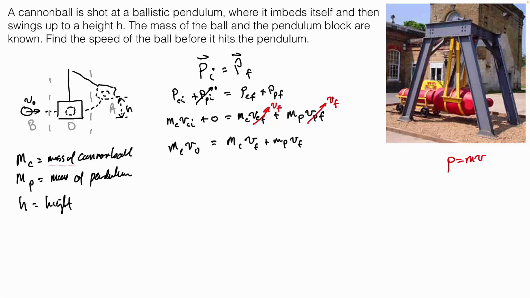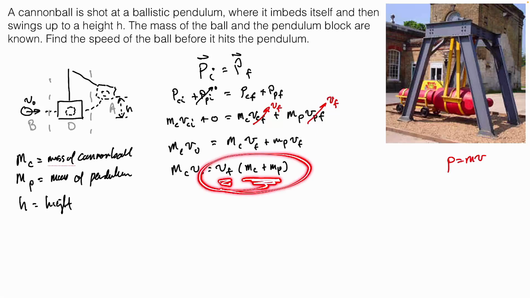Looking at it as an equation, can I factor that VF out? Yeah. Now what is this saying right here? What is this V final times an addition of masses? It's the momentum of the combined object.